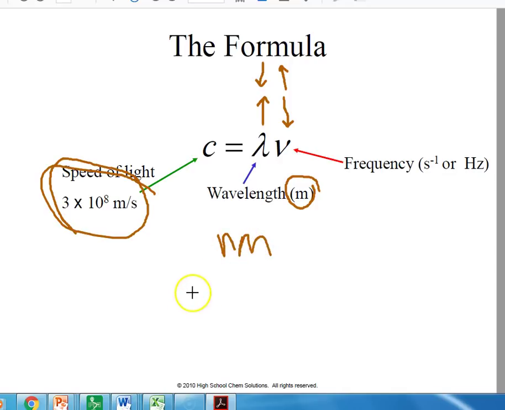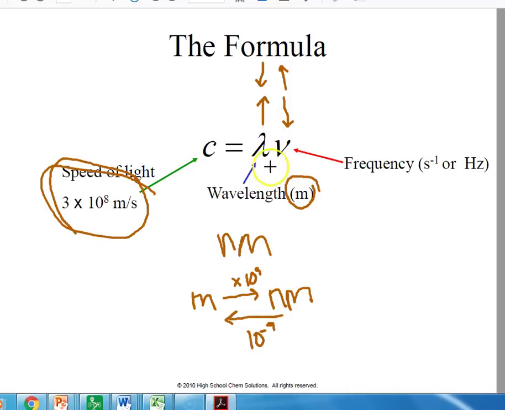So a really quick conversion: if you want to change meters into nanometers, you multiply by 10 to the 9th power. And if you want to change nanometers into meters, you multiply by 10 to the negative 9th power.